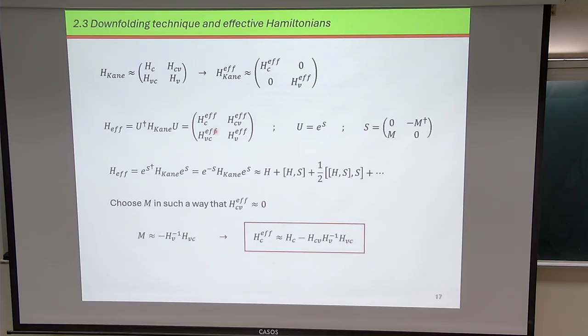So essentially, starting with this 8 by 8 Hamiltonian, I need to do something to transform this Hamiltonian into some block diagonal Hamiltonian, in which I can now decouple the conduction band states from the valence band states. That is the idea. By the way, this is called the k.p model, specifically for this case called the Kane model. Kane is the name of the person that introduced this model.